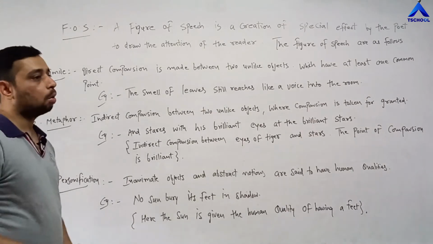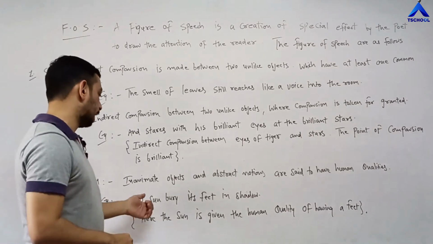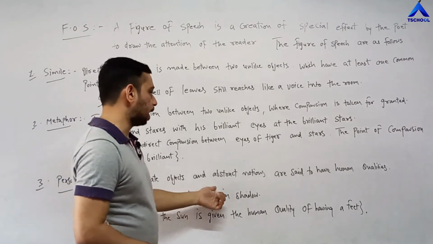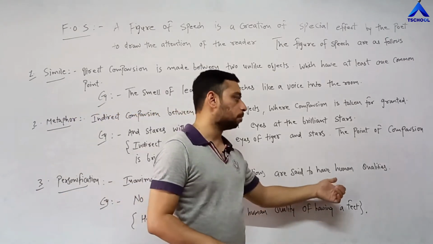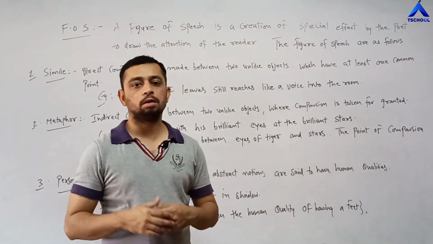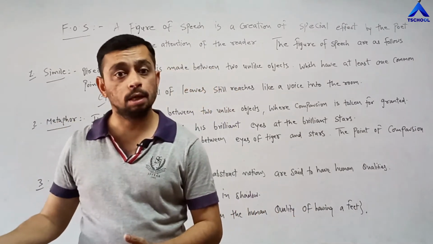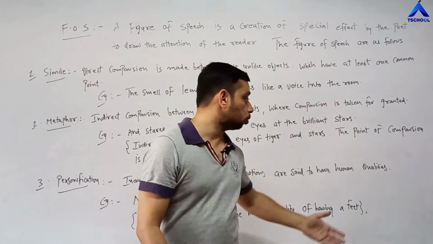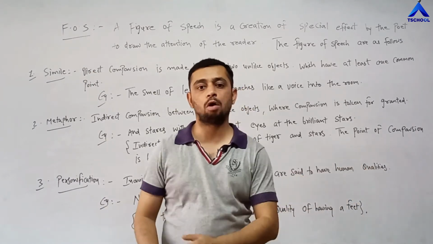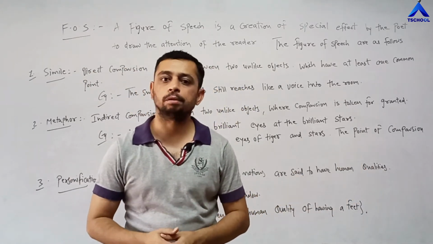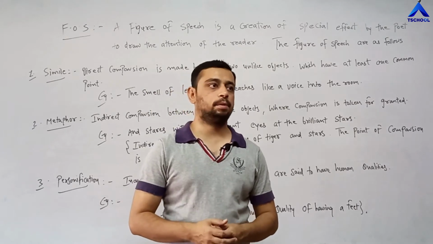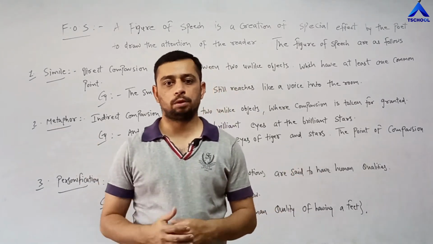Personification. What is personification? Inanimate objects and abstract notions are said to have human qualities. The things which are not lively or which are not present are given the terms of human qualities. For example, I would say the class is absent.